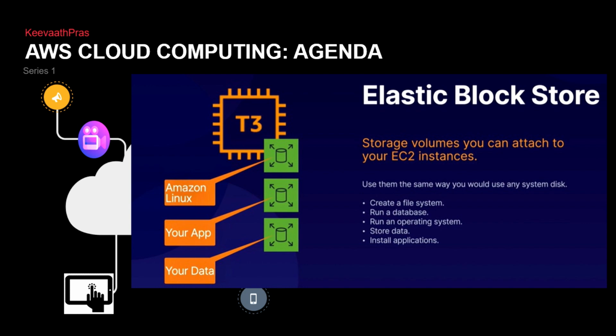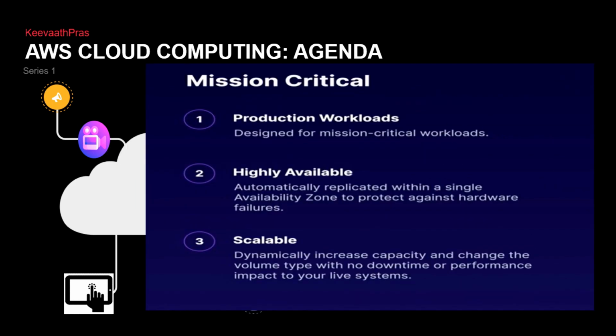If you want to attach some storage, then it is called EBS. You can use it the way you would use any system disk: create a file system, run a database, run an operating system, store data, install applications. Any of these things you can store. The storage volumes you can attach to an EC2 instance are called EBS.